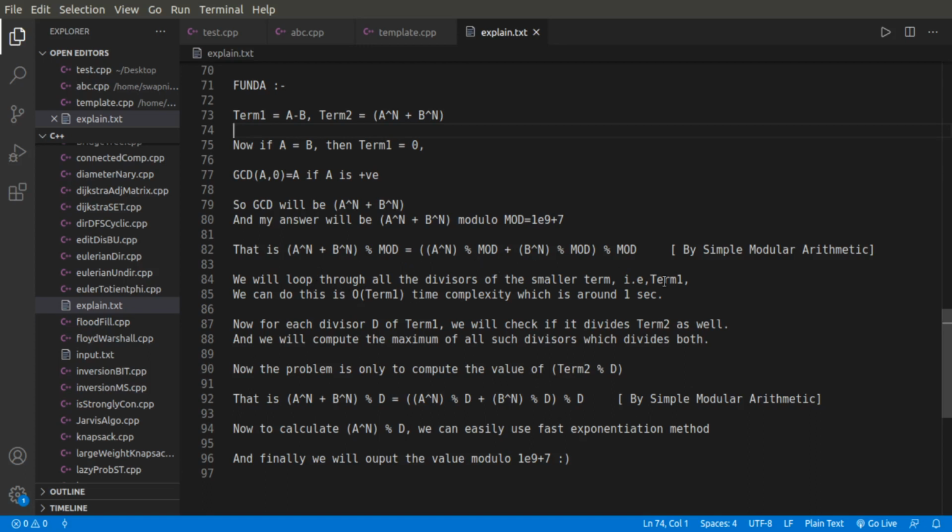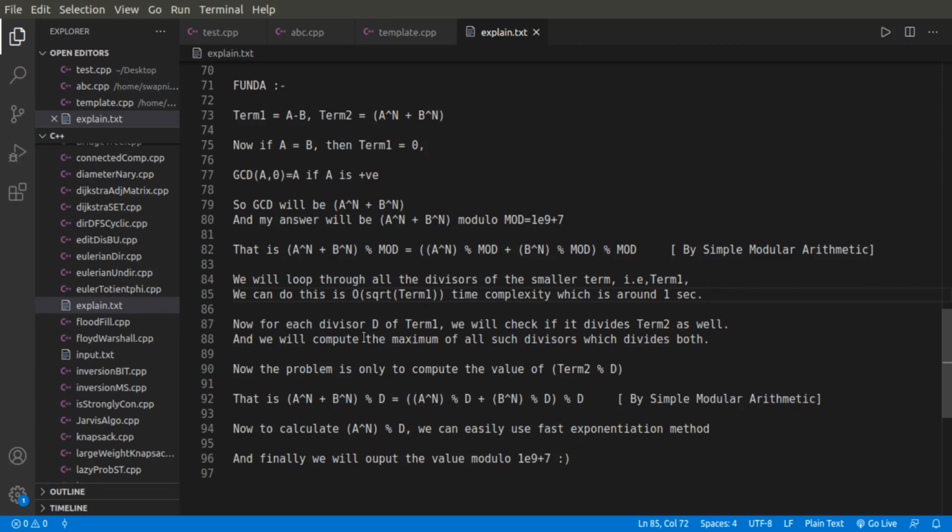And if it is not the case, then obviously term 1 is much lesser than my term 2, right? So we will loop through all the divisors of the smaller term, that is term 1, and we can do this in O of square root of term 1 time complexity, which will take around 1 second, because it will be around 10 power 6.